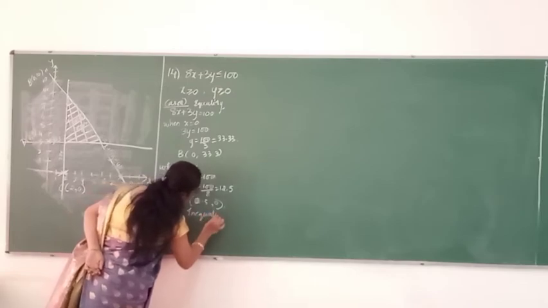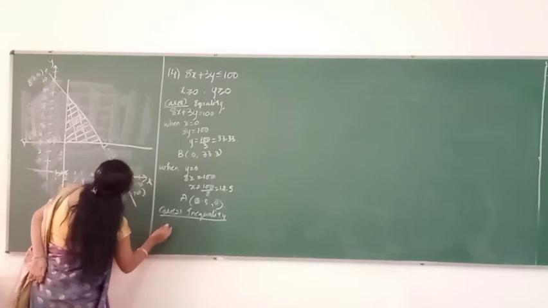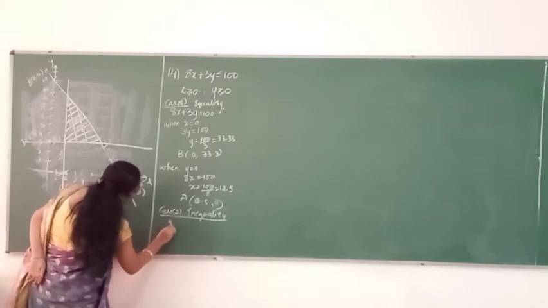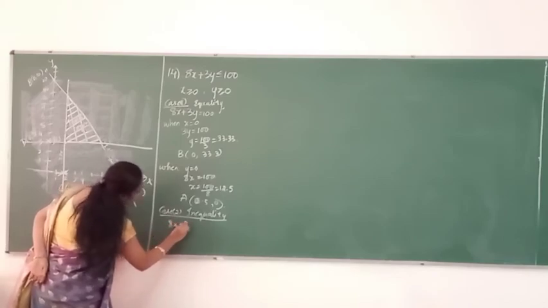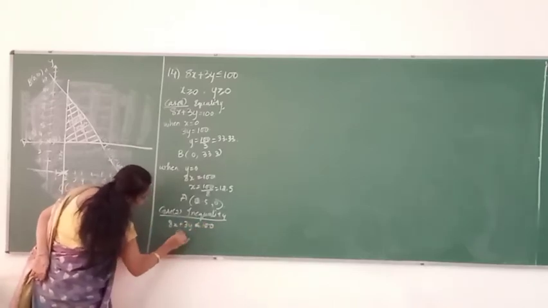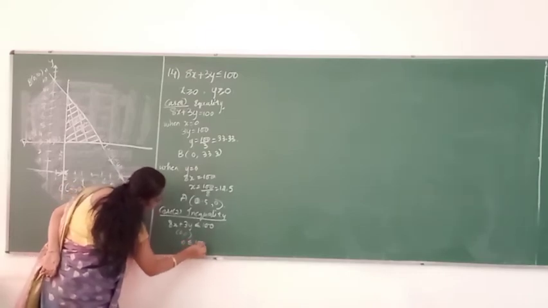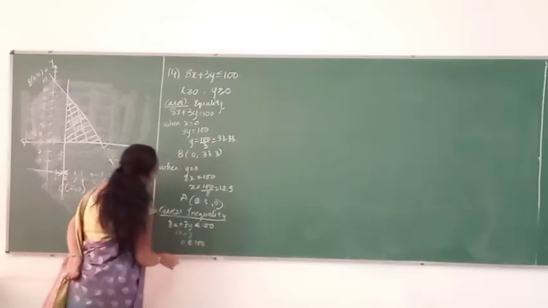Now in case 2, inequality. So it will be 8x plus 3y is less than or equal to 100. Taking 0, comma 0, what are we getting? 0 is less than or equal to 100.